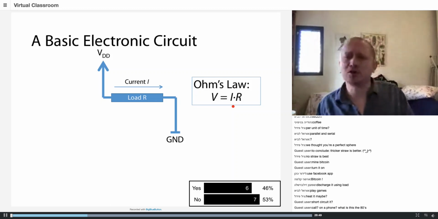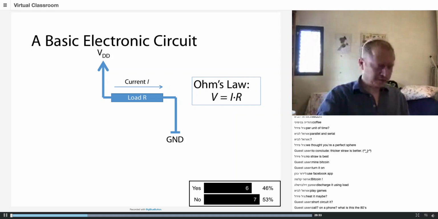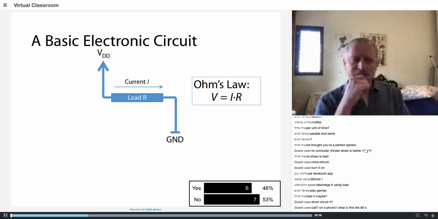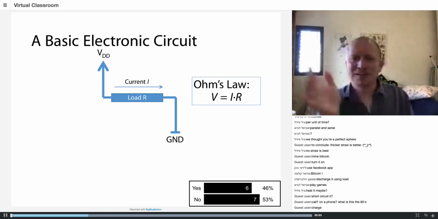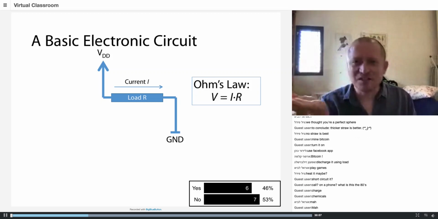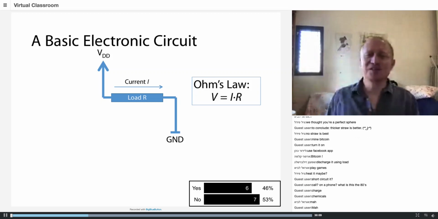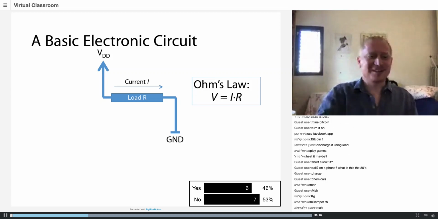What is stored inside the battery, by the way? What does it store? Voltage? What is inside the battery? When you buy a new phone, what do you say about this battery? It's 3,000 what? 3,000 mAh, right? 3,000 milliampere hours.